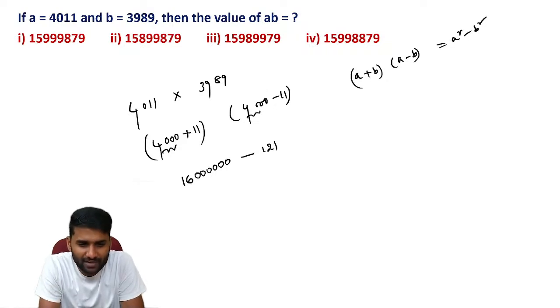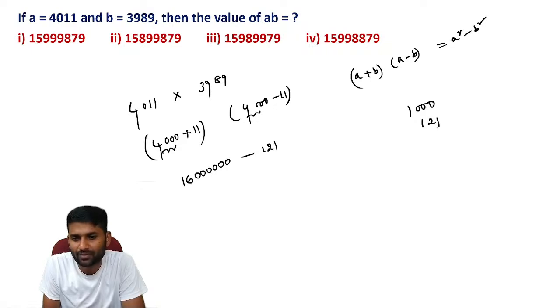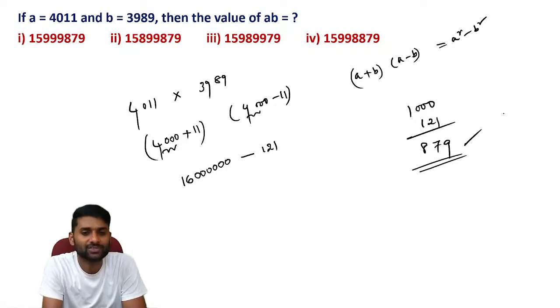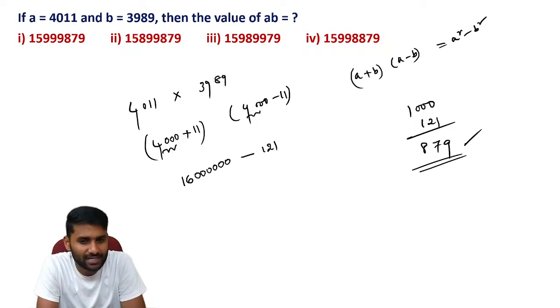So if you find the difference of 1000 and 121, you will get 879. That is the difference between 1000 and 121.